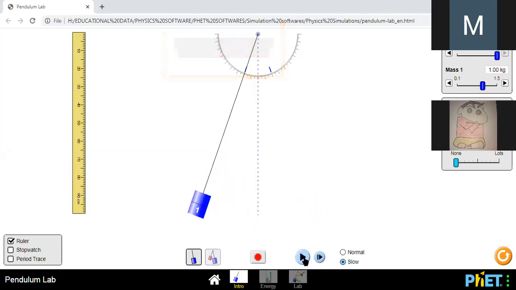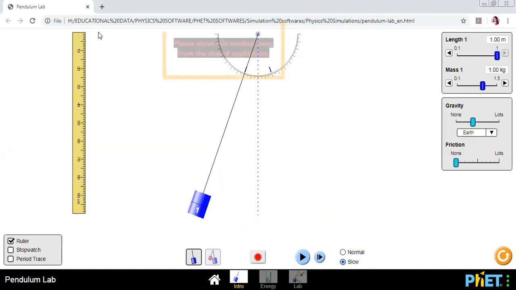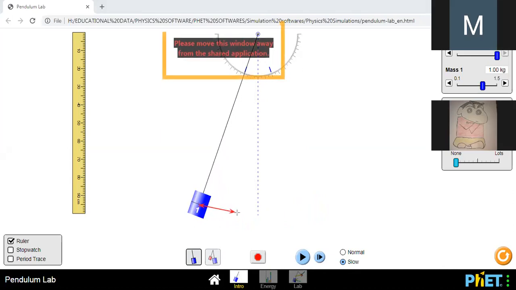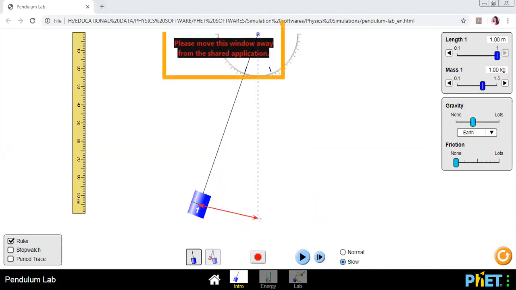So amplitude is the maximum displacement on either side from the mean position. So this distance is amplitude, because this is the maximum displacement on either side.